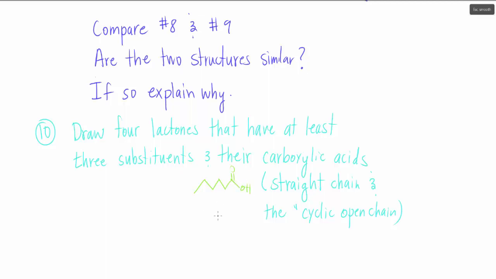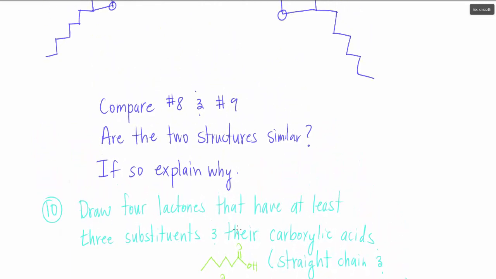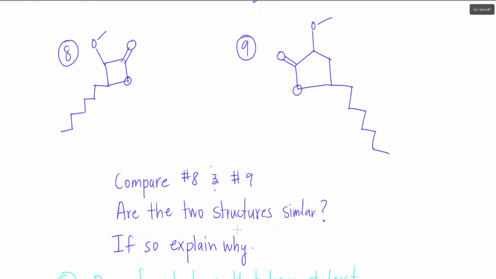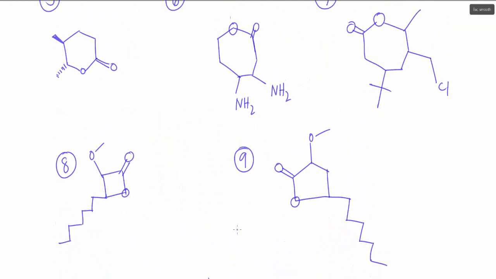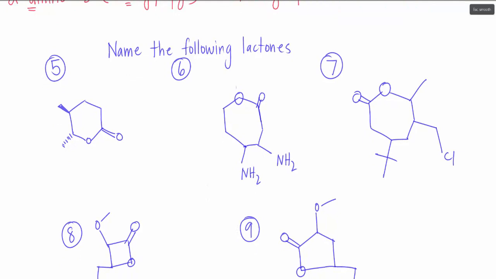Your cyclic chain would be something like this. Okay. Draw both of them to get in the practice. So you have an assignment with 10 questions that you can complete relatively easily.